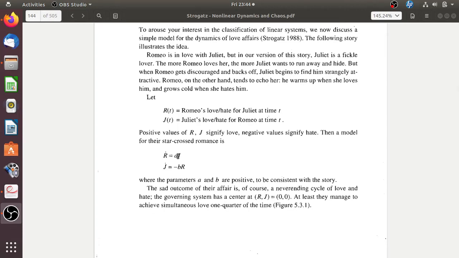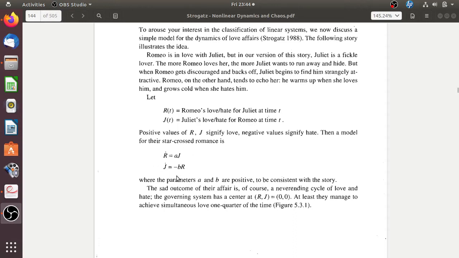Similarly, J dot is equal to minus B times R. Why minus? Because if Romeo loves her more, then Juliet's love towards Romeo will start decreasing, and therefore we have a minus. This B is also positive. So this is the dynamics.